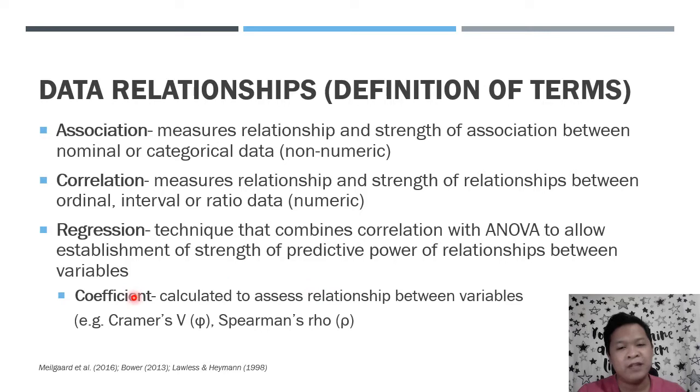And then we have various coefficients which are used to assess the relationship between variables. These are typically between -1 to 1 or 0 to 1. And of course, the closer to 1, the stronger the relationship.